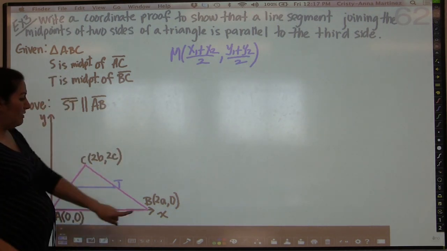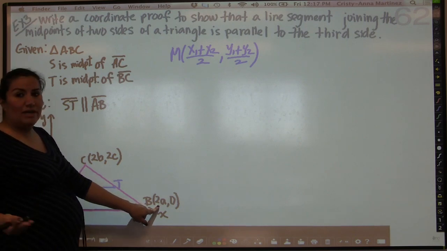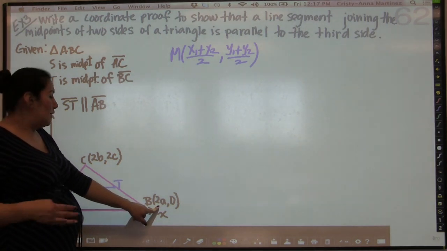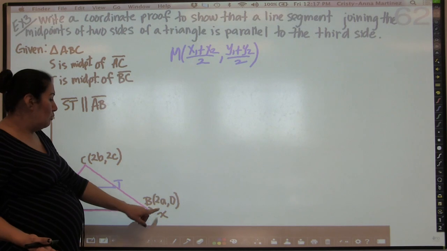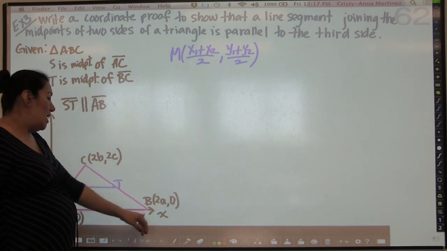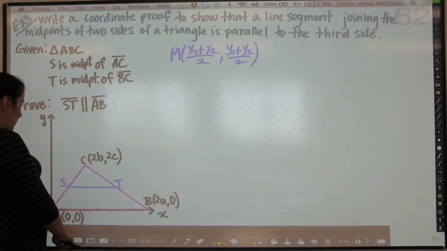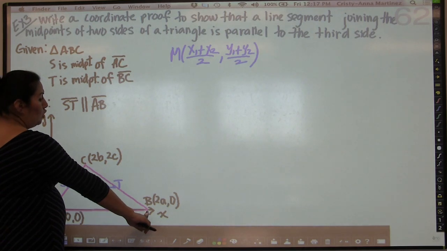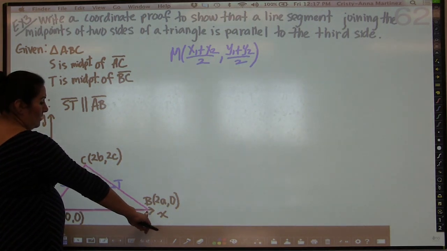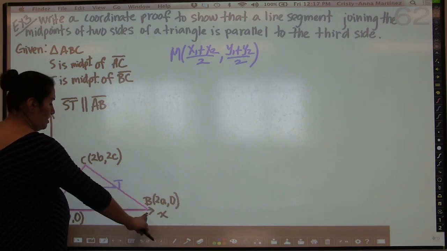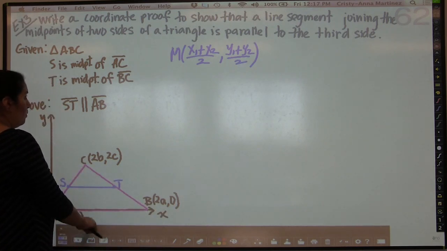So if I have something that's doubled, when I divide it by 2, it'll go in evenly. And that's why it's convenient for me to use doubles. So instead of calling this A, I'm saying that the distance between A and B is 2A. That would make the x coordinate 2A, and because it's on the x-axis, the y coordinate would be 0.